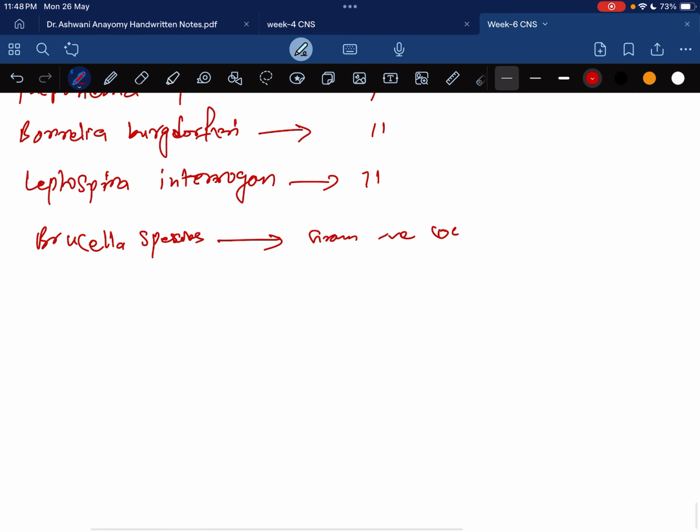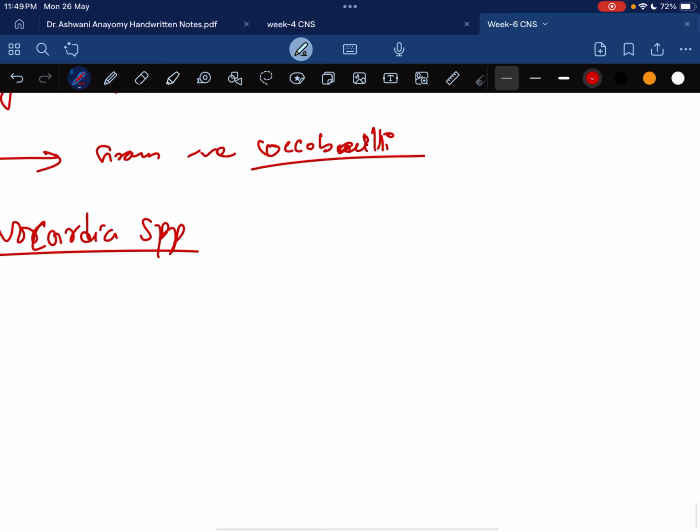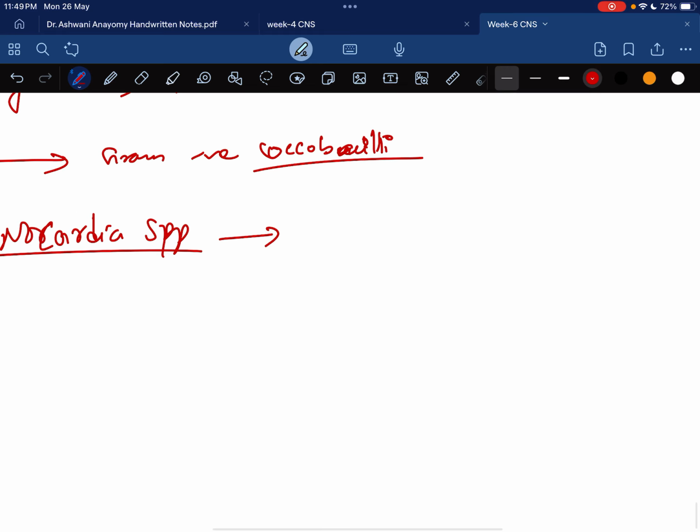Then there are Actinomyces and Nocardia species, which are gram-positive bacilli.